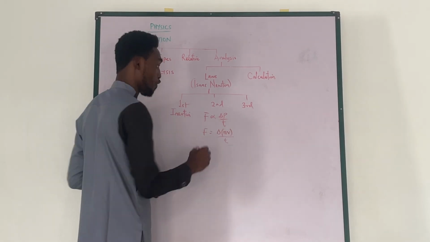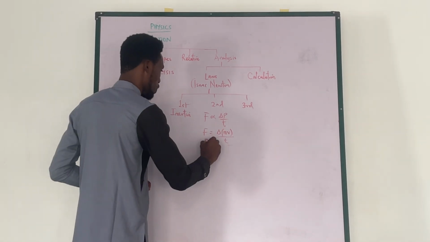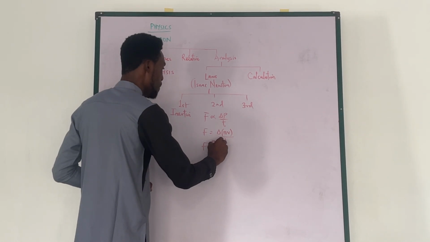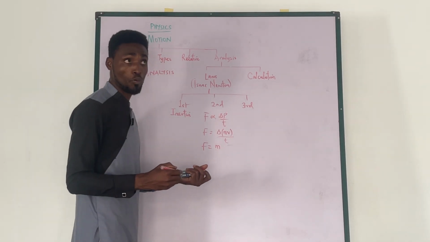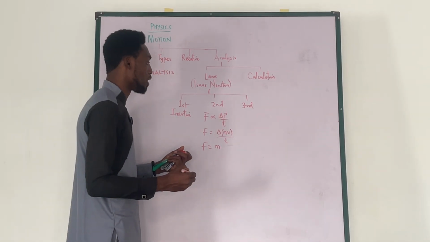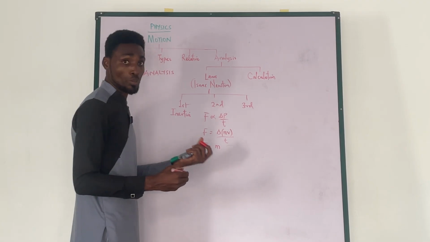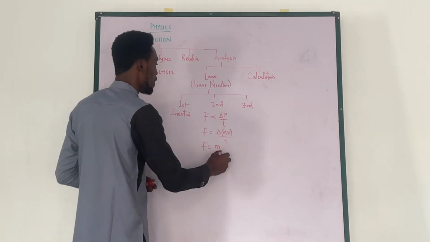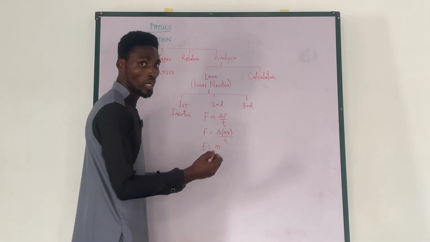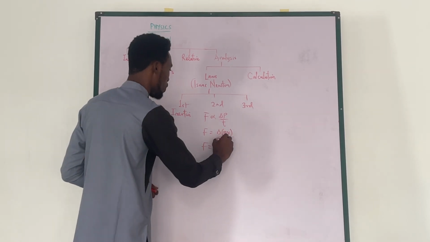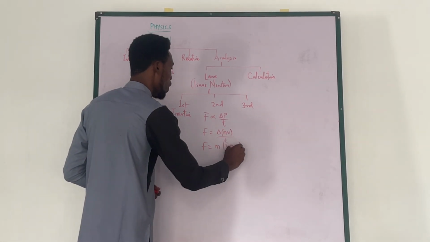If you follow me closely, m is the same everywhere, like we said in our last class when we were dealing with measurement. We said mass doesn't change, so mass will remain the same whether before or after the force has been applied. So we have m outside, (v minus u) over t.